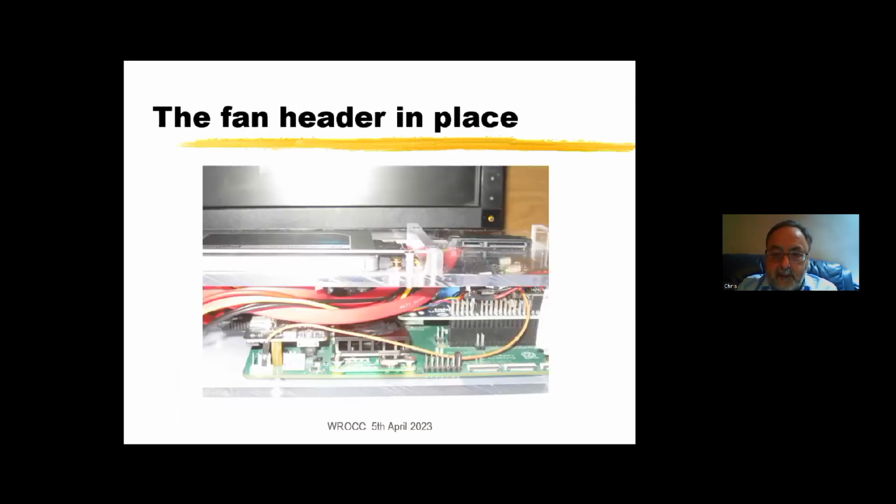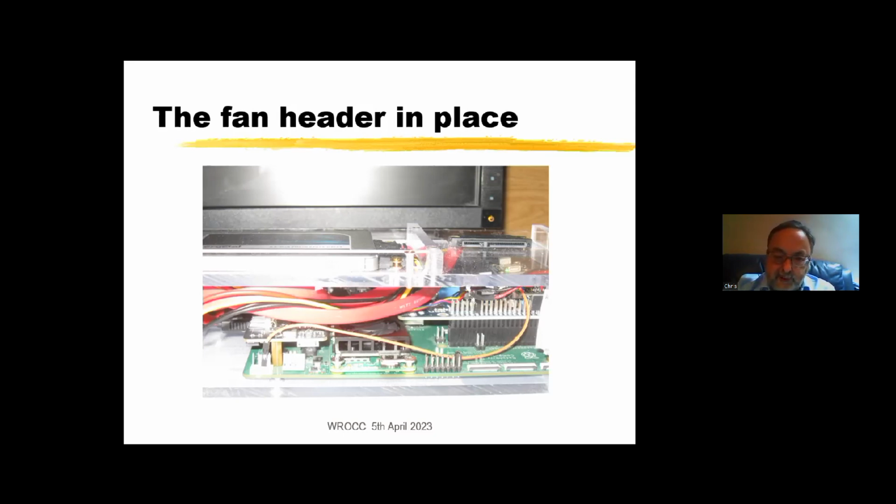So what you can see in this picture is that there's something plugged in at the right-hand end of the 40-pin header, which is actually the real-time clock board. You can just see the top of the fan, the EMC 2101 board, and you can see the flying lead to get the power for the fan.